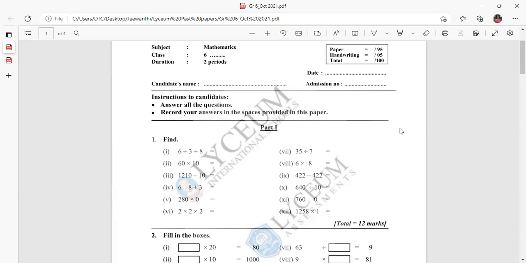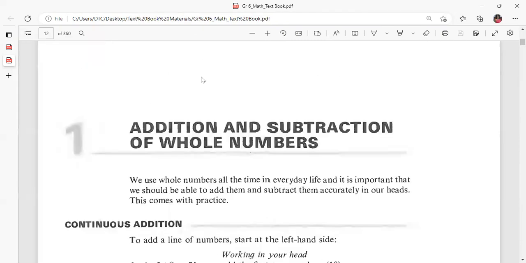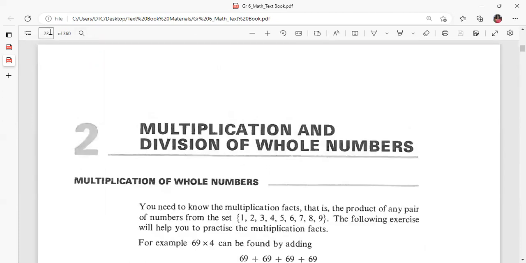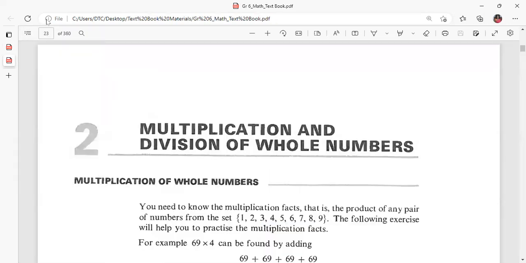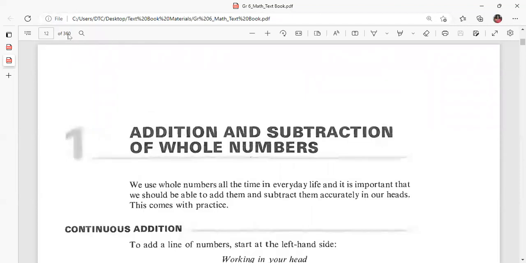This is all about chapter 1 and chapter 2 in your book. If I move to your textbook, addition and subtraction of whole numbers, then you have multiplication and division of whole numbers. The whole of part 1, question number 1, is based on these 2 chapters: multiplication and division of whole numbers, and addition and subtraction of whole numbers.